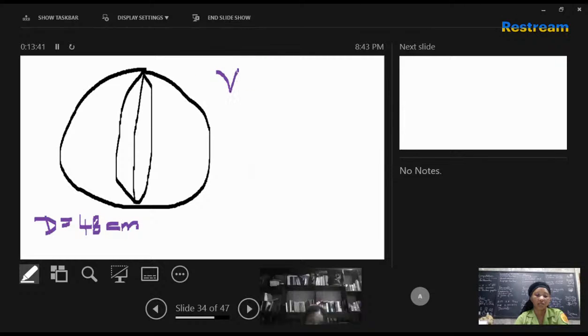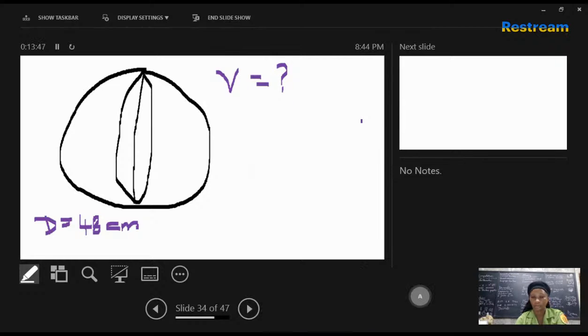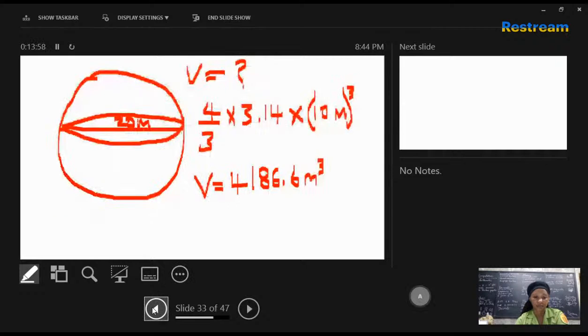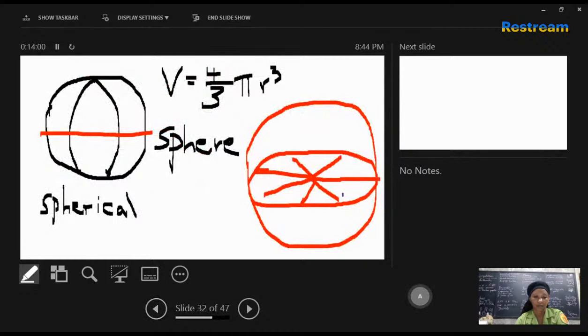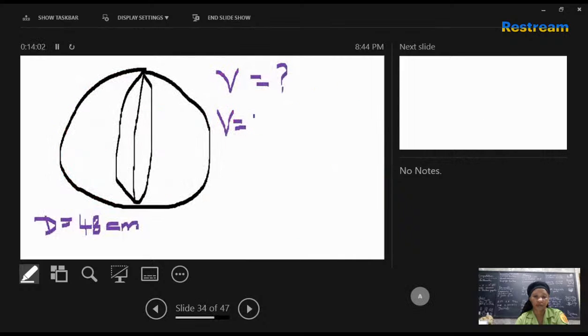So we want the volume of that sphere. The volume is going to be equal to 3 over 4. Is it 3/4? Sorry, 4 over 3, I mean.